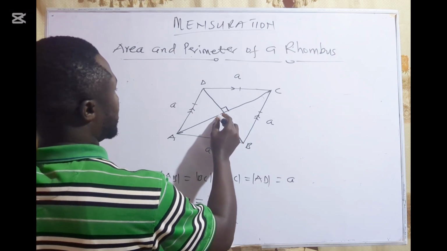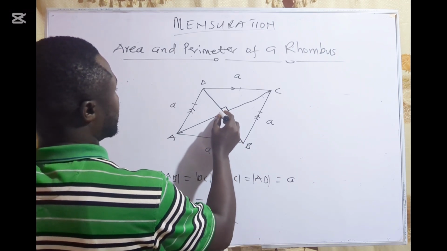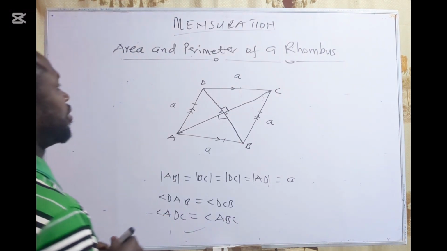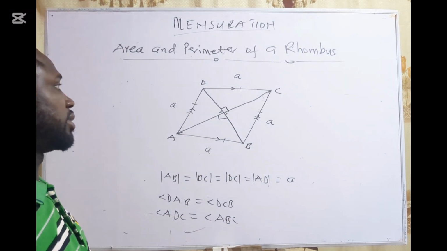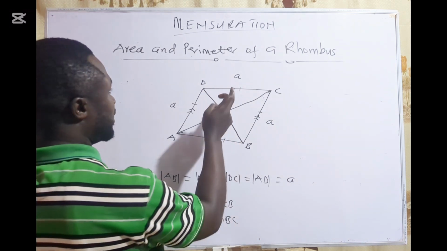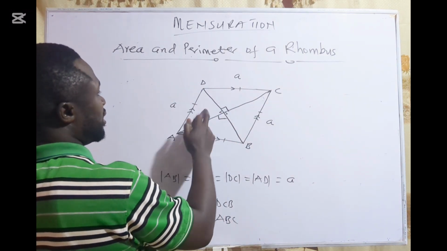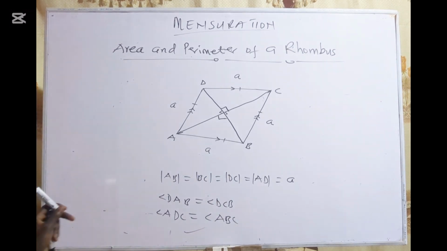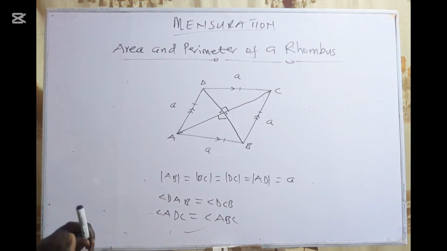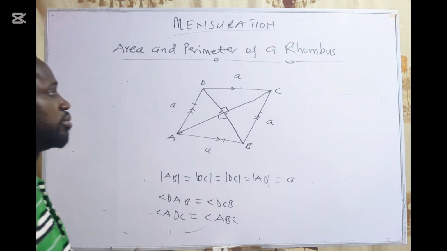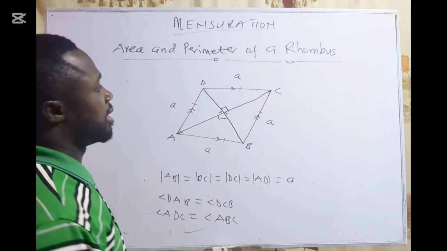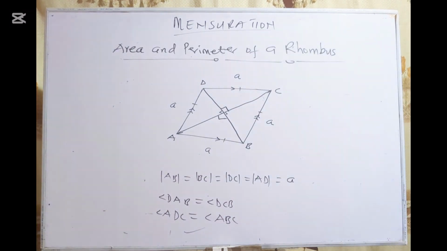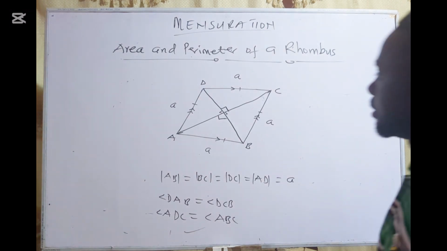So the triangles here become right angle triangles. Very important property about a rhombus: the diagonals meet at a right angle. And the diagonals are not the same length.